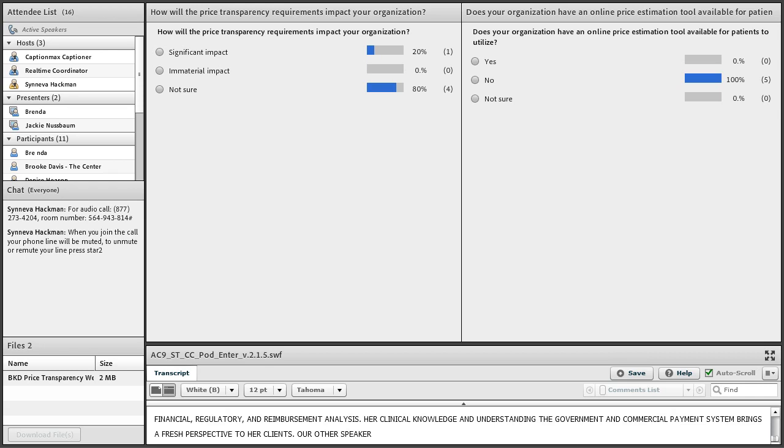Our other speaker today is Jackie Nussbaum, and she is a director at BKD. She has more than 24 years of experience, including extensive experience related to revenue analysis and enhancement, including strategic pricing and rate rationalization assistance for academic medical centers, multi-hospital systems, and community hospitals, market analysis for strategic decision-making, and charge master assistance in the areas of charge capture and charge structure. Jackie helps her clients with coding audits and coding and compliance consulting. I want to welcome them both.